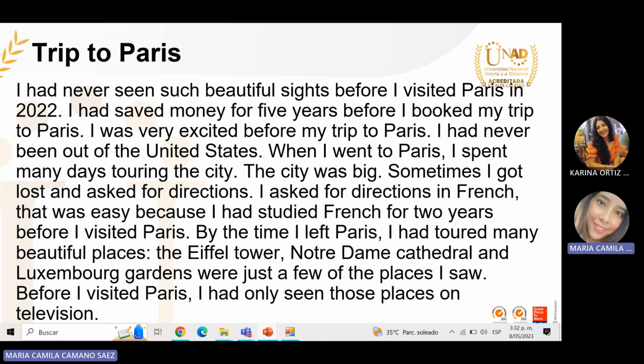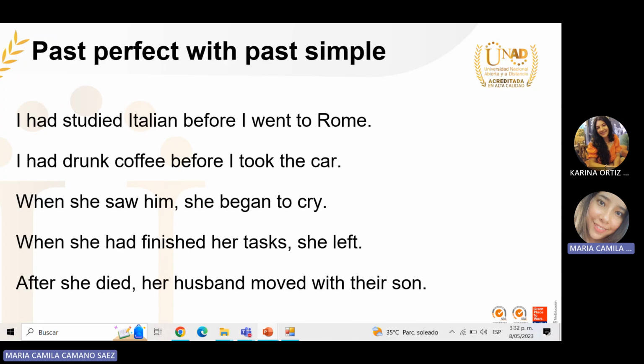So in this case, we are going to talk about the past perfect with past simple, because we mix these tenses when we want to talk about an activity that started when another activity finished. For example, I had studied Italian before I went to Rome.